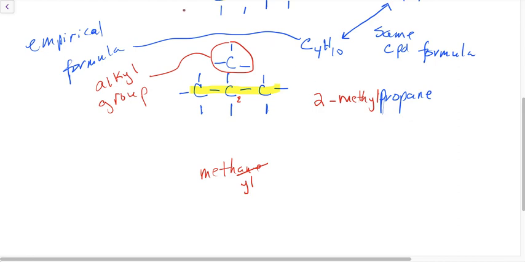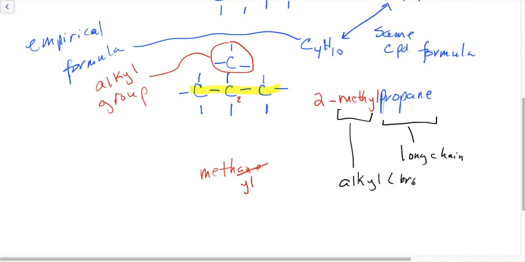So we want to make note in the name that this methyl group is on the second carbon. This is what you need to remember for naming: this part right here is the long chain. This part right here are the branches, the alkyl groups, the branched groups.